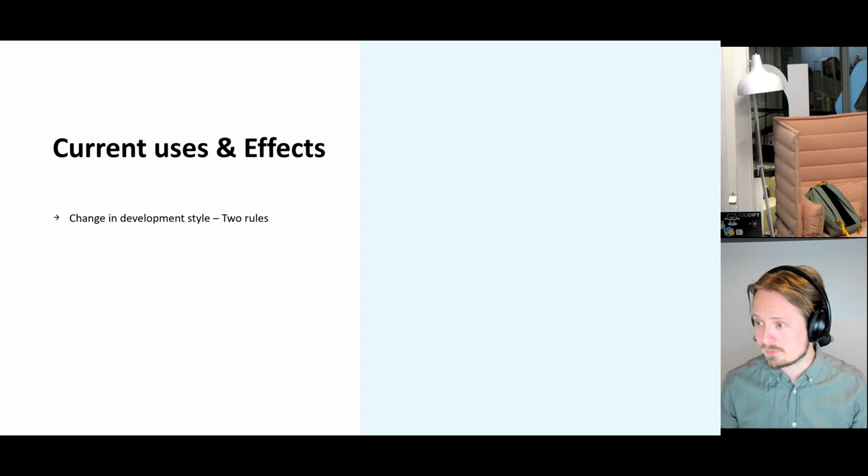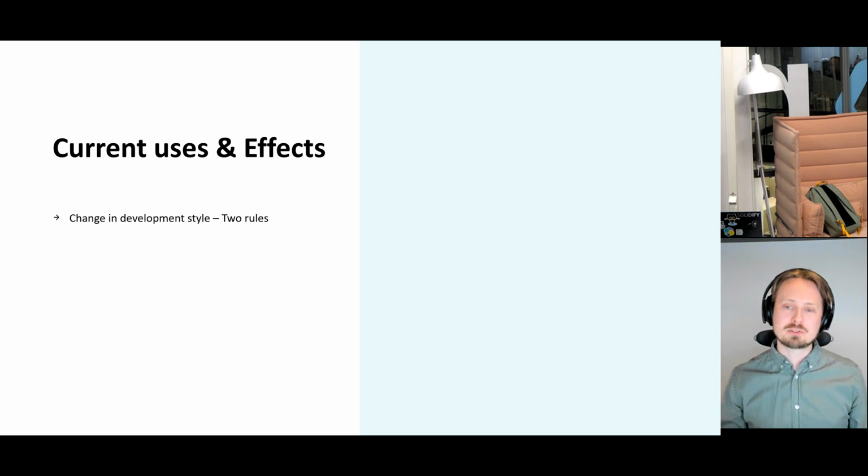The first rule is that almost every change, 99.9% of them, should be able to be deployed in an inactive state. This is usually done by feature flagging. In most cases, it is feature flagging.